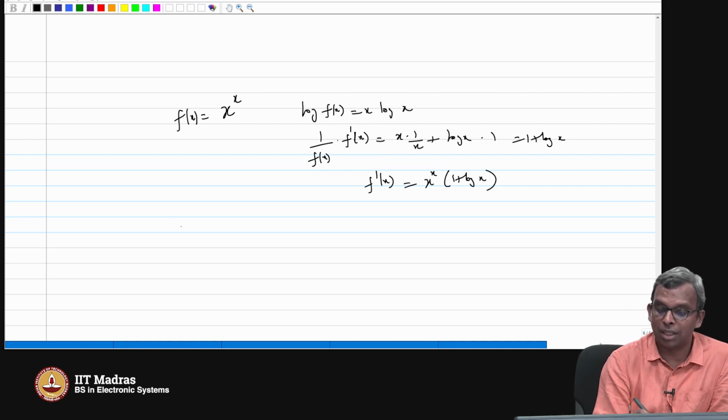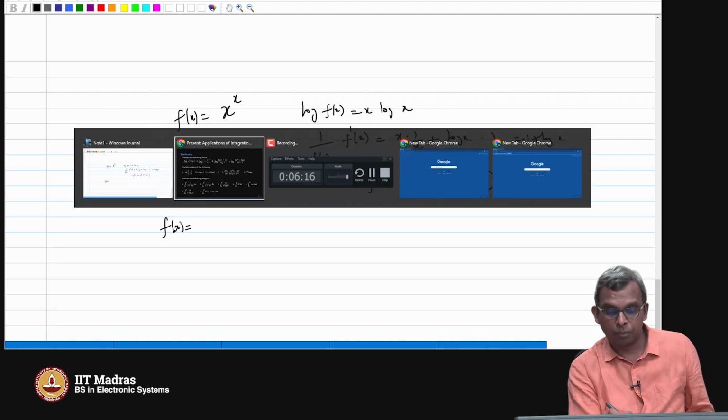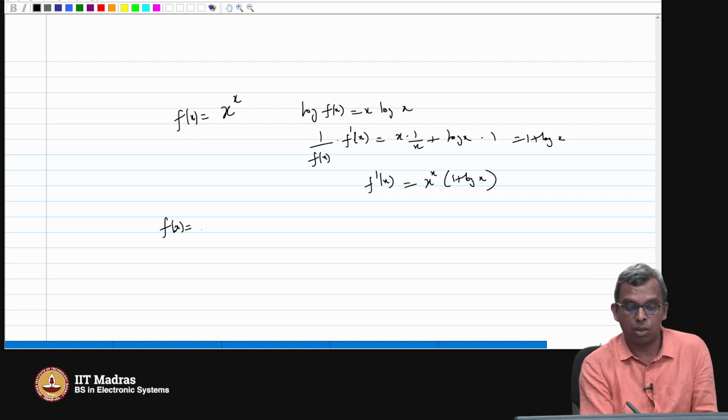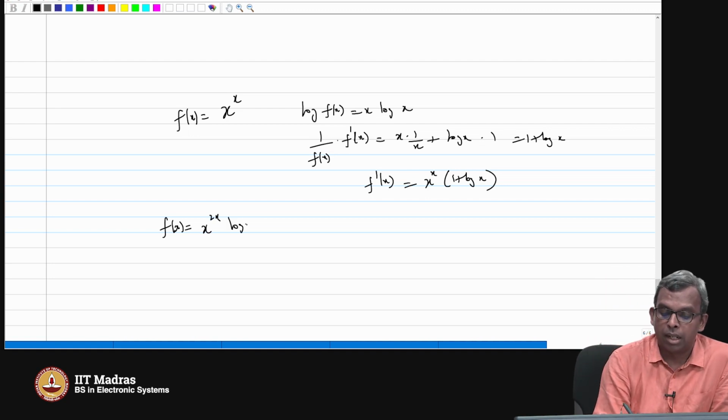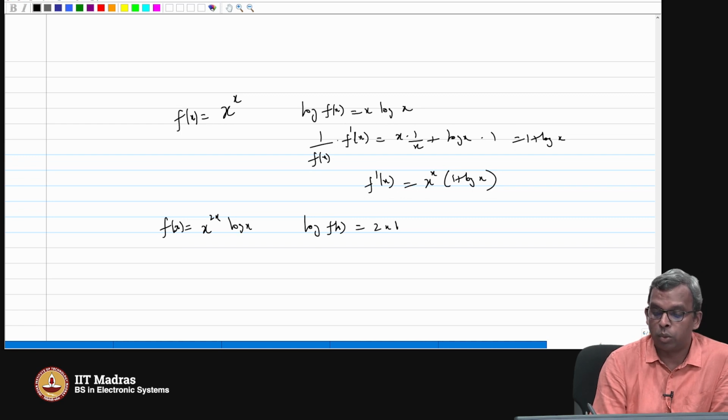So the exact function that's given here, I think, is x power 2x times log x. Nevertheless, the same trick will go through. If you do log f of x, you get 2x log x plus log of log x, right? That's okay.